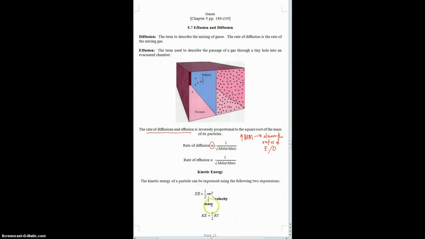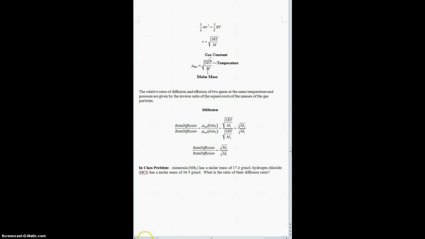Each of these equations at the bottom is related to kinetic energy, and we can think about the kinetic energy of our gas particles. Kinetic energy equals 1/2 mv squared, where m is mass and v is velocity, and also kinetic energy equals 3/2 RT, where R is the gas constant and T is temperature.